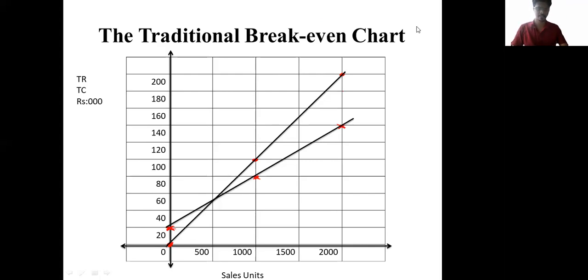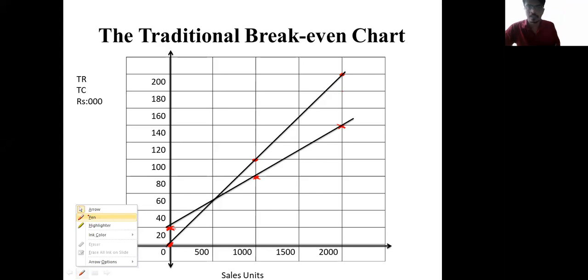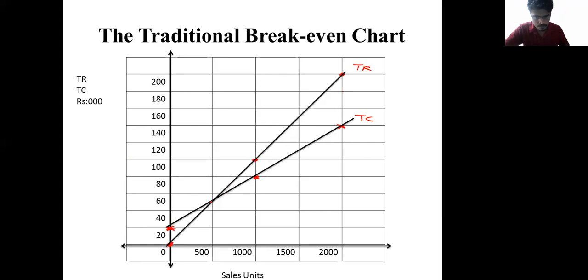Then here you can identify, let's name the graphs. This is the total revenue curve. Now this is the total cost curve. Now you can identify the break-even point is 500 units, and this is the break-even point in sales.